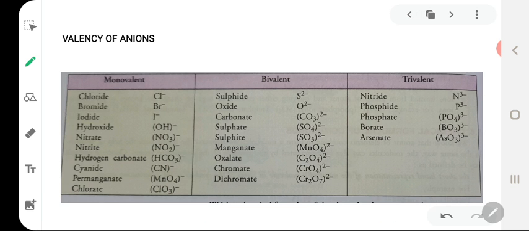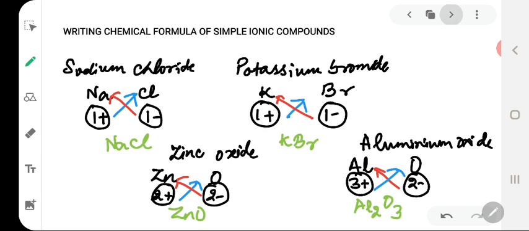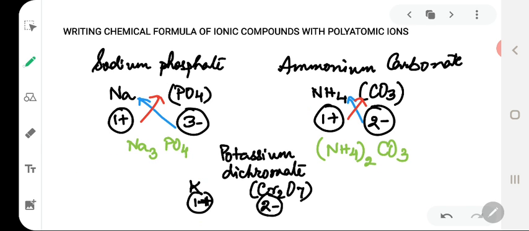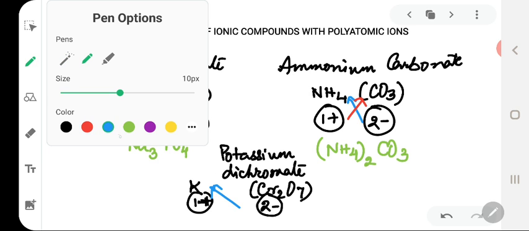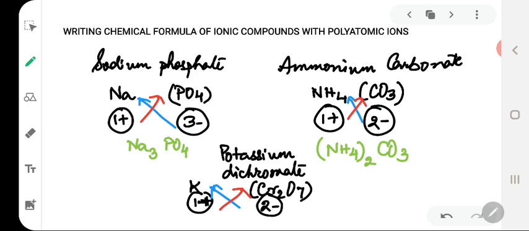Can you find out dichromate? See. So now let's do the crossover. So 2 minus will come this side and 1 plus will go that side. So hence the expression becomes K2Cr2O7. So this is the formula for potassium dichromate.